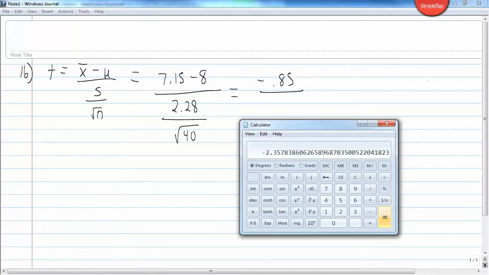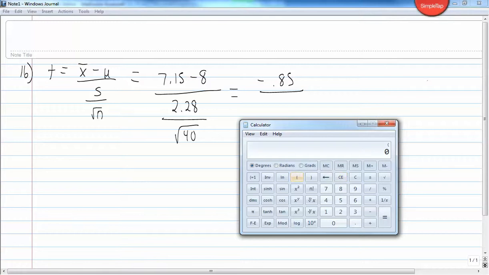Alright, so I got negative 2.35783. If you do have a chance to use a calculator like this, then another thing that you could do is you could just type all this in and use parentheses.